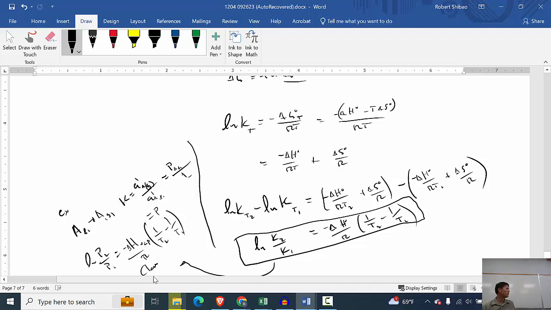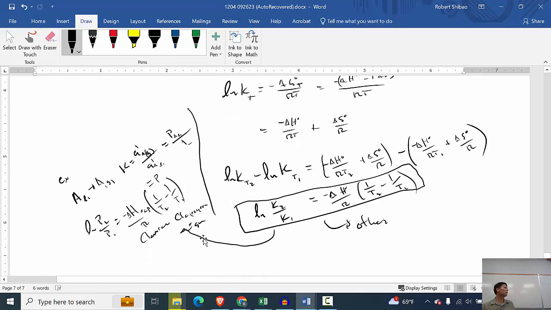So we just derived the Clausius-Clapeyron equation here. But we could use this for other calcs. This is just a specific application, but we can use this for other things. So we don't have to use this for vapor pressure. We can use this for whatever we're interested in. And so K is going to be a function of temperature.